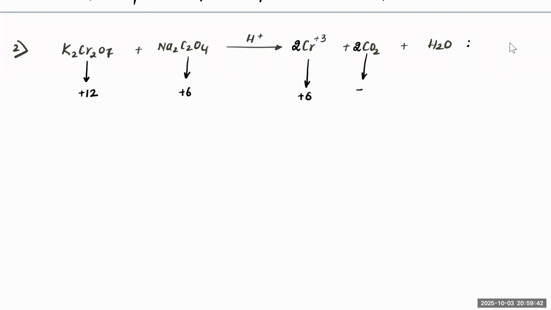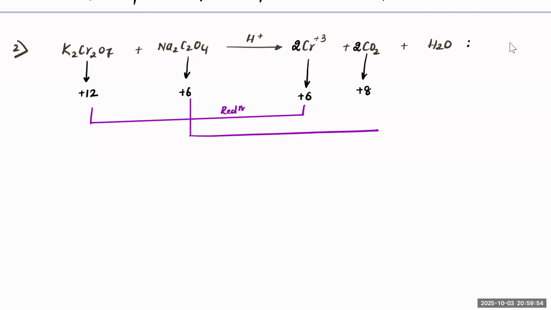That makes it plus 8. Now, this is giving us the evidence that plus 12 to plus 6 is a reduction, while plus 6 to plus 8 is an oxidation. This is an oxidation reaction. Okay. So on one end we are getting reduction, the other end we are getting oxidation. Clear?